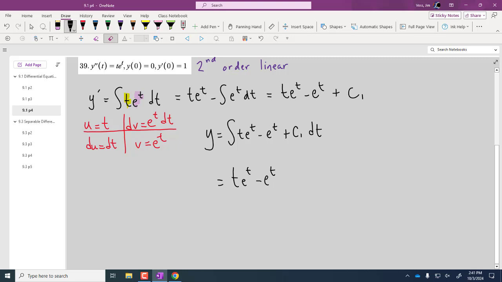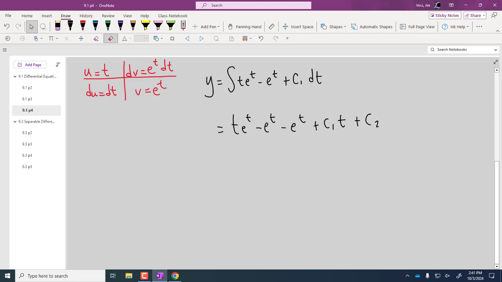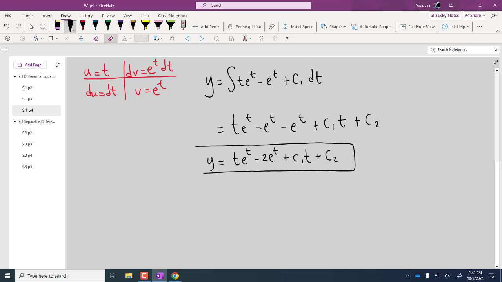That's the integral of t e to the t. And then we have to integrate this one, which is itself. And then we integrate C1. And then we get our second constant of integration. So this is our general solution. That's our general.